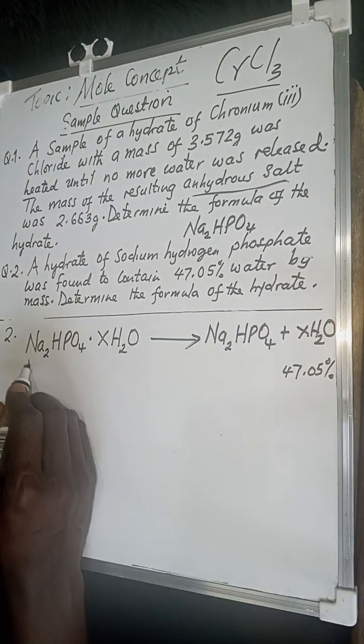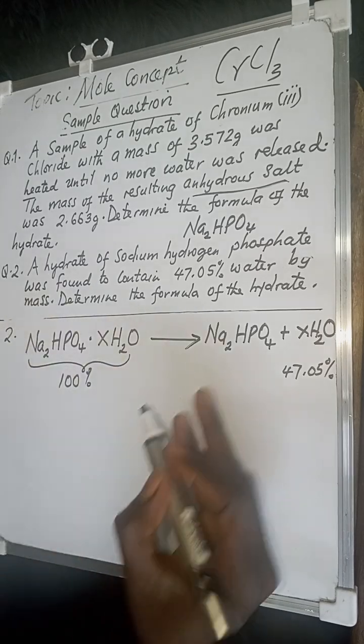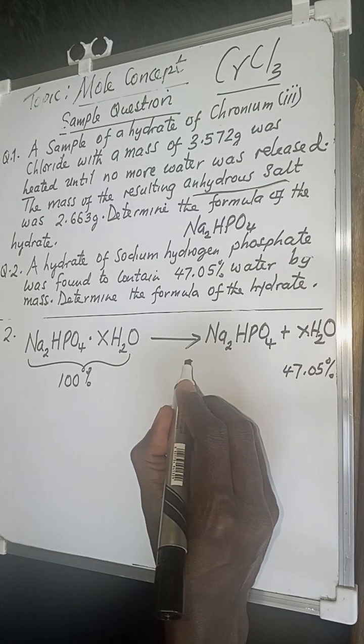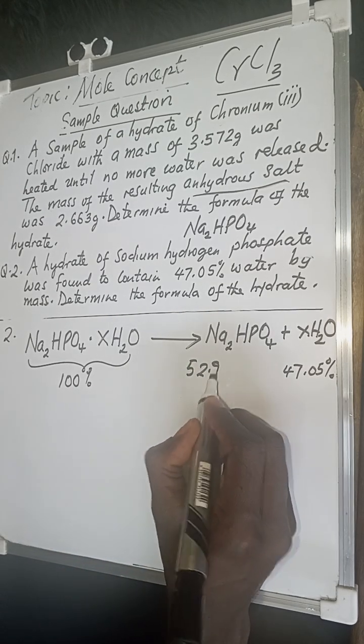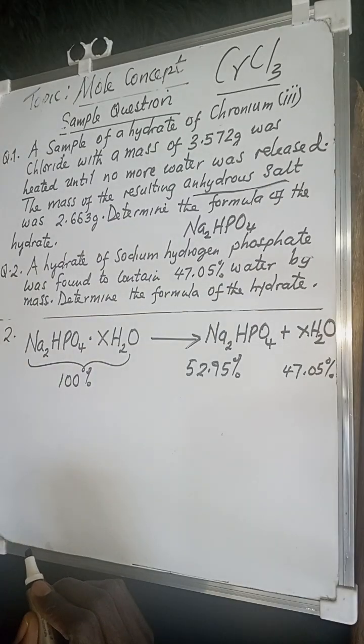The whole hydrate was simply 100%, so we can know the percentage of the anhydrous salt. We just say 100 minus 47.05, which is going to give us 52.95%. That was for the anhydrous salt.